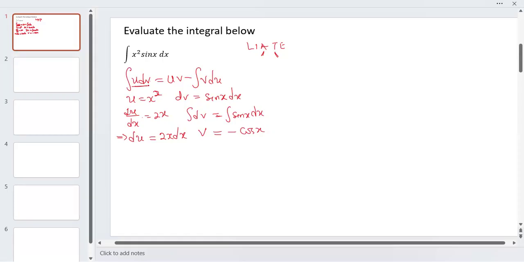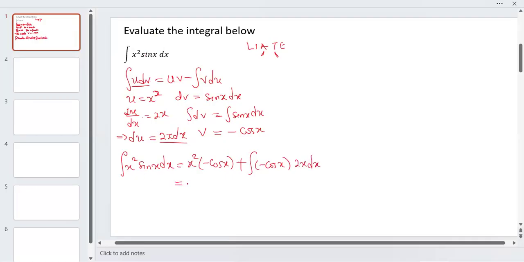So now we go back and substitute this into our integration by parts formula. So we say integral of x squared sine x dx will be equal to uv. So u, what is u? x squared. What is v now? Minus cos x, right? Minus integral of v, which is minus cos x, then du, which is 2x dx.